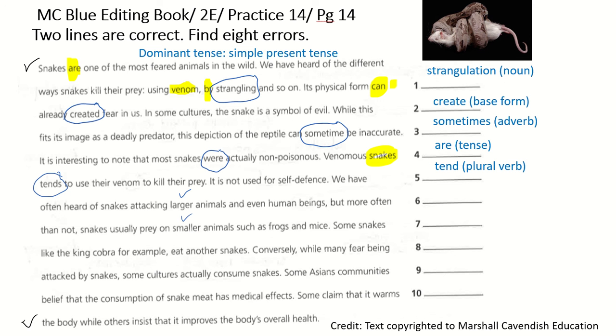Some snakes, like the king cobra, for example, eat another snakes. So in my mind, I'm thinking, is the error "another" or is it "snakes"? I'm thinking that it should be referring to snakes in general. So the error should be "another".